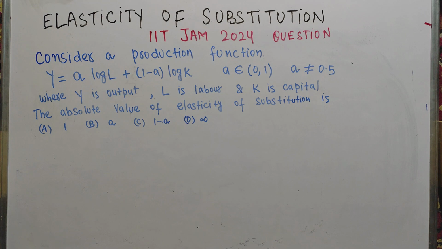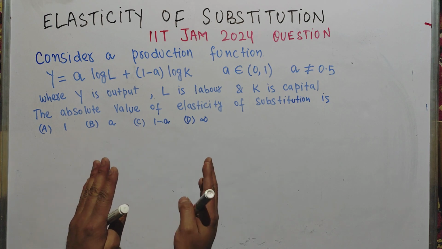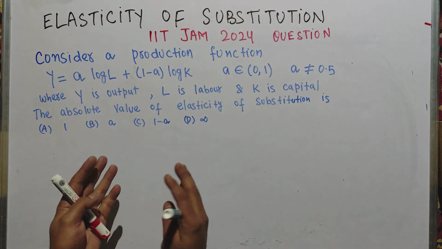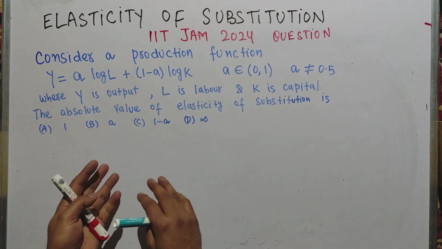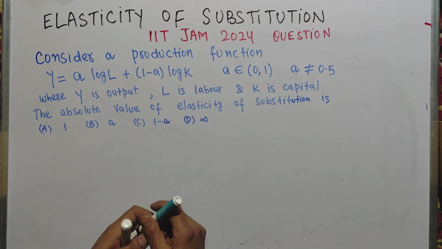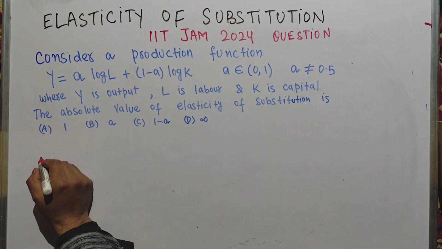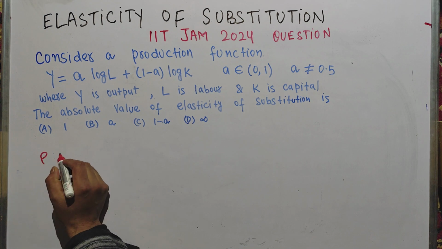Okay, so what is meant by the elasticity of substitution? Elasticity of substitution measures how the capital labor ratio changes relative to the change in the marginal rate of technical substitution between capital and labor. Okay, and the formula is simple. Let's denote it by this symbol.